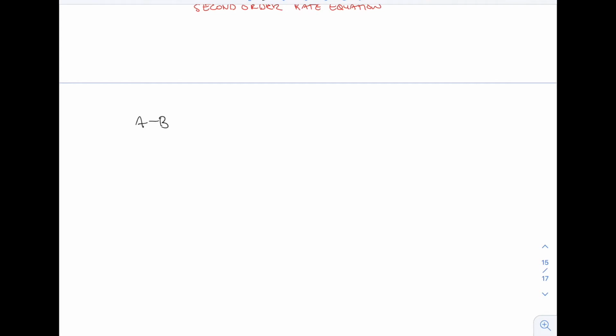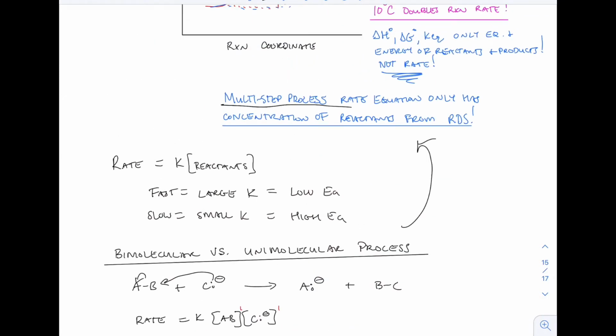Now, related to that multi-step process above in the rate determining step, we have AB that splits up into A and B separately. Then you combine it with C to make BC. So here's the mechanism, what it looks like, okay? Now, this is a two-step process, right? We have step 1 and step 2 here.